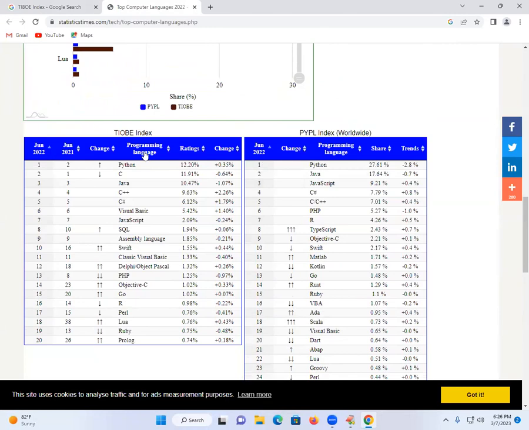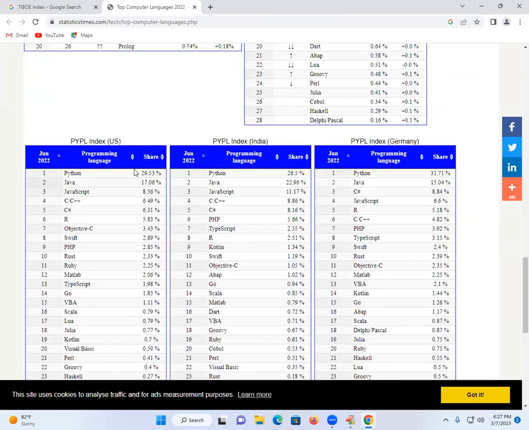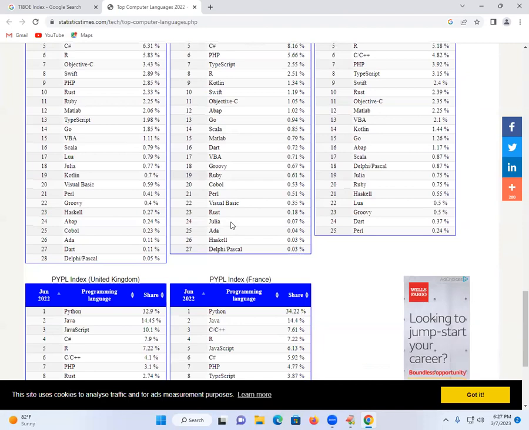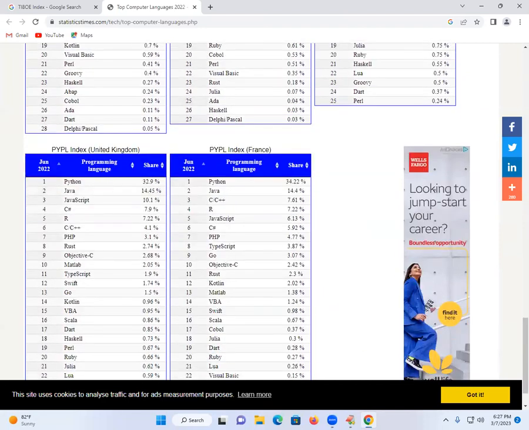If you look at the total index of the languages, Python is on top, ranked number 1. Python worldwide is number 1. Python in the US is number 1. Python in India, and Python in Germany, number 1. And Python in the United Kingdom is always trending.